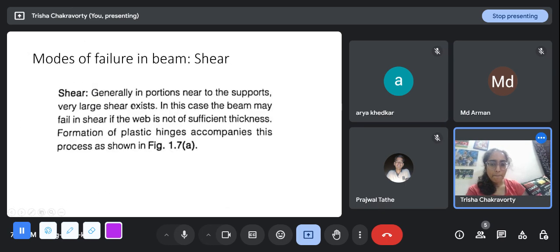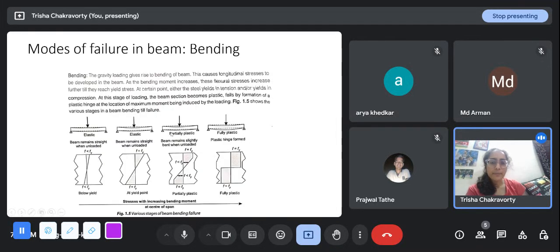And then a plastic hinge develops. It is an idealization, basically, that wherever along the length of the beam the bending moment is maximum, a plastic hinge develops. And according to that, we have to make the design, but we don't go into that much detail in steel design.